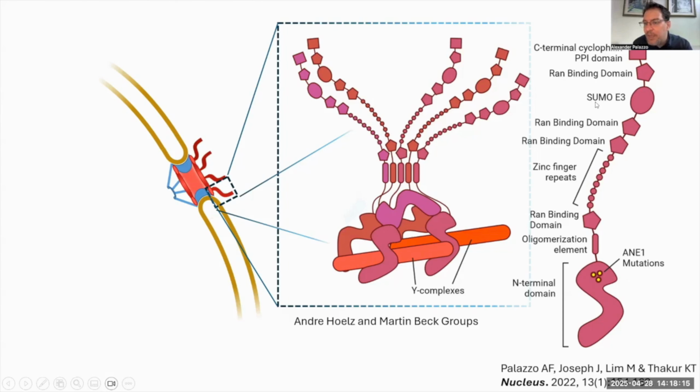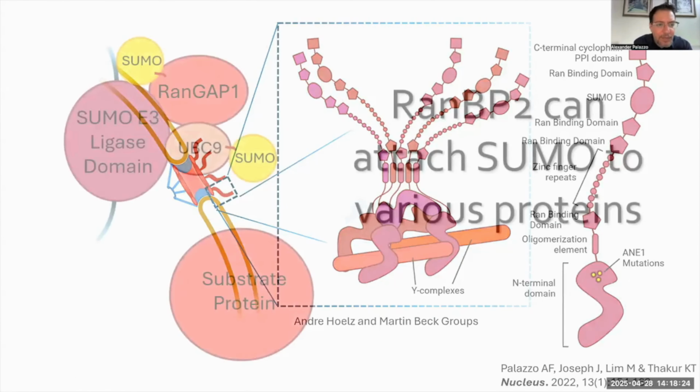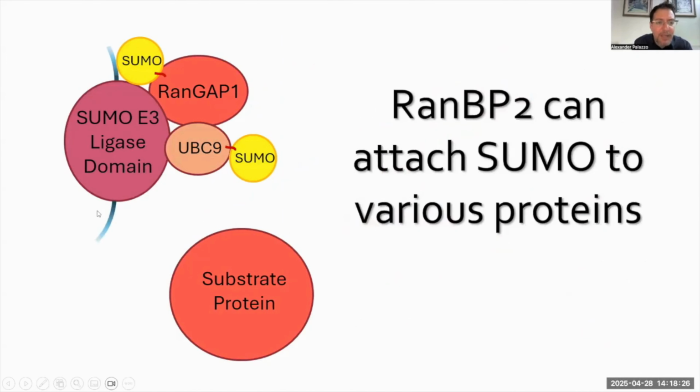Another important domain that I'm going to talk about is this SUMO E3 ligase domain, and I'm just going to spend a couple of seconds talking about what that is. This is a zoom-up of this domain, and this E3 ligase domain forms a tight association with a couple of proteins. One of them is called RanGAP1, and it not only binds to RanGAP1, but it binds to a SUMO-ligated form of RanGAP1.